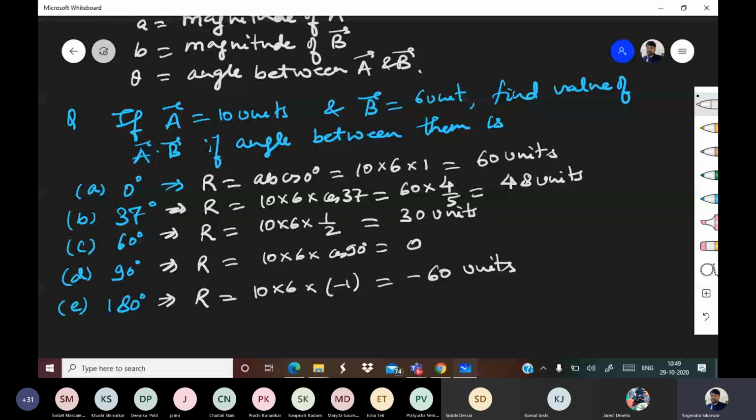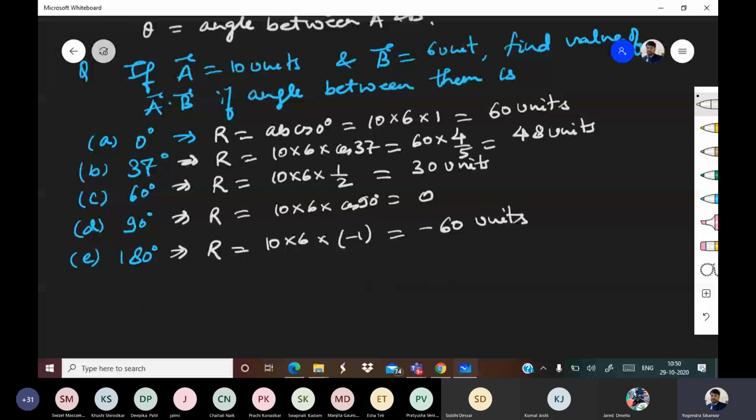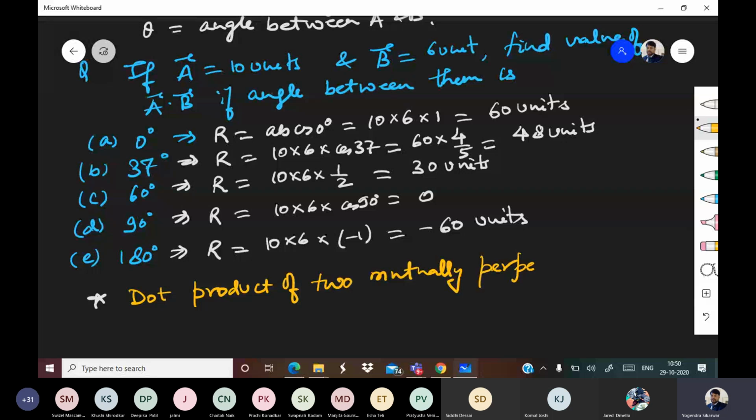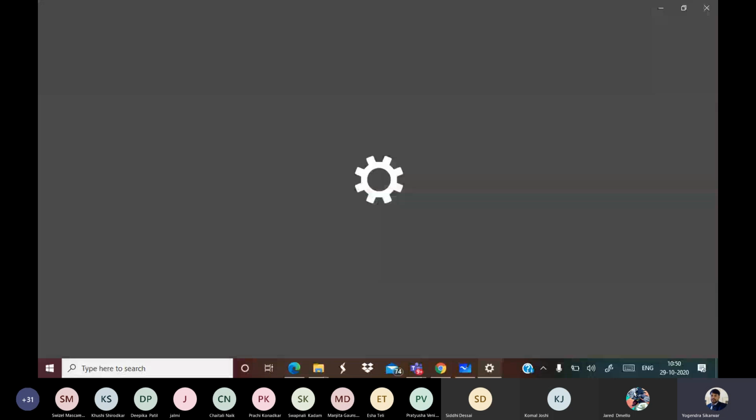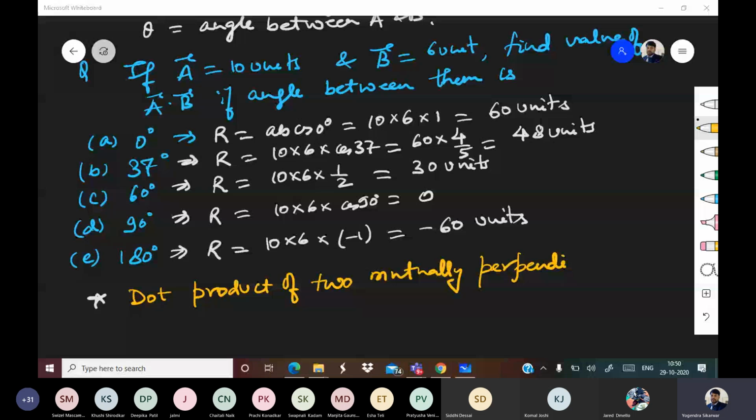Now, if you have paid attention, when theta is 90 degrees, the dot product is 0. So star point: the dot product of two mutually perpendicular vectors is 0.